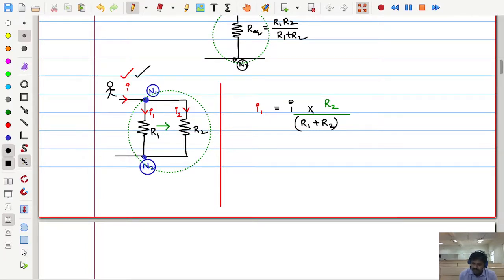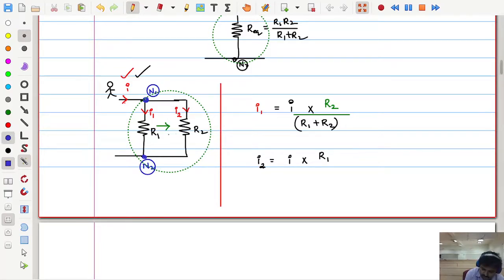Clear? So in the same way, you can make the I2 current. How much will I2 be? I is the total amount that is getting divided between you and your brother or sister in parallel, so I2 is I into the opposite person's strength, that is R1.